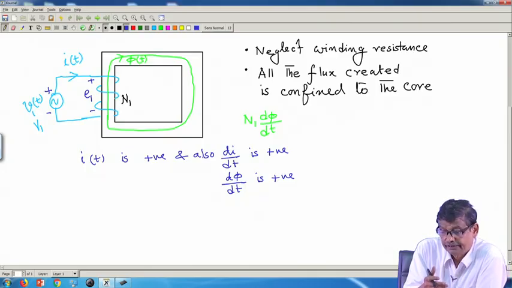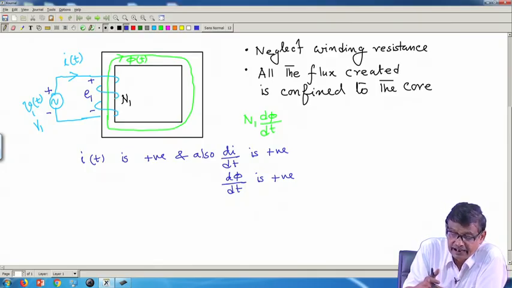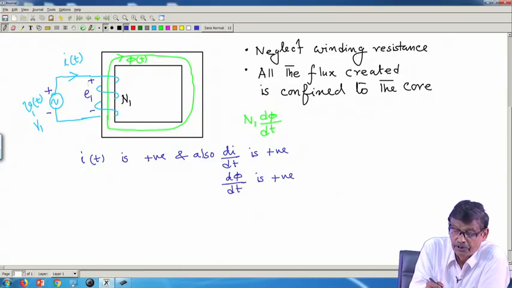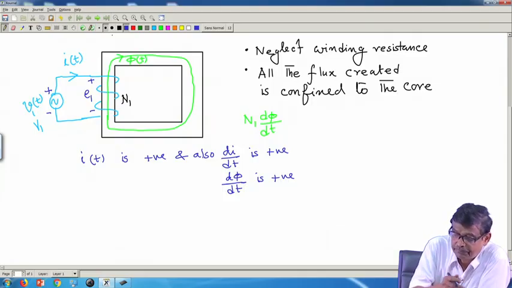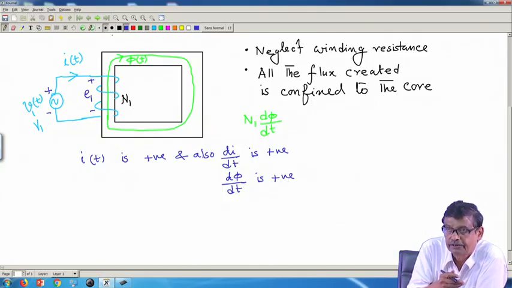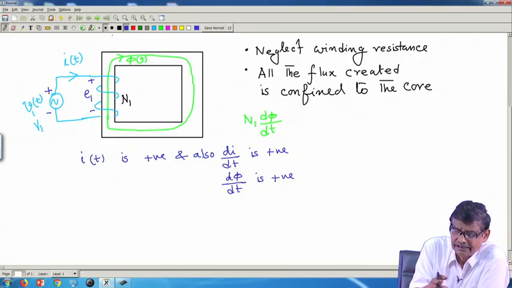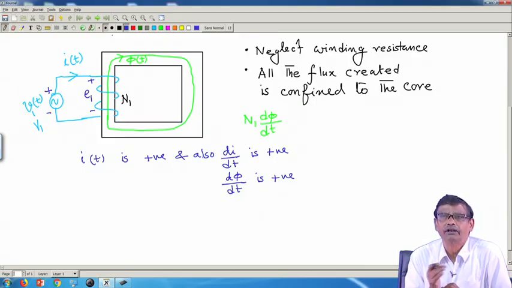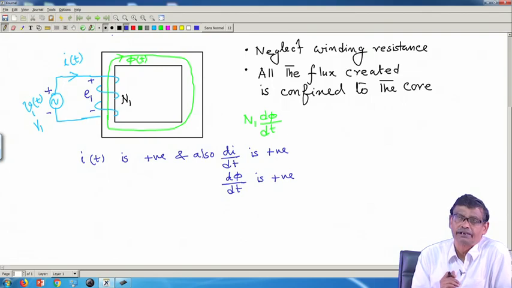Only the sense in which E1 is acting is opposite to the sense of V1 applied to the circuit. That is, if E1 was allowed to drive current alone, it would have driven current from right to left. So, this is Lenz's law, that is, the induced voltage will essentially oppose the supply voltage.